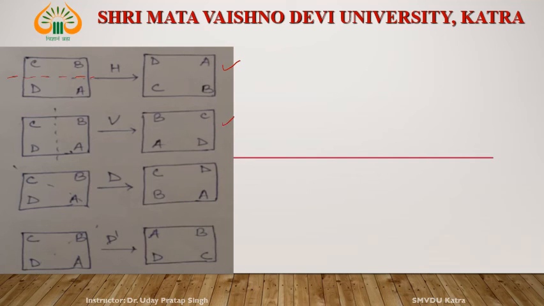This is the diagonal and this is the opposite diagonal. Then D4 is equal to R0, R90, R180, R270, H, V, D and D dash.